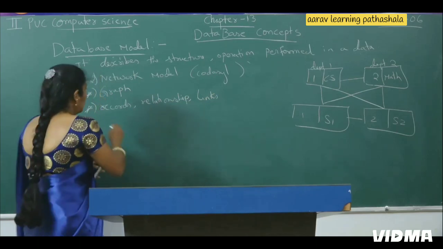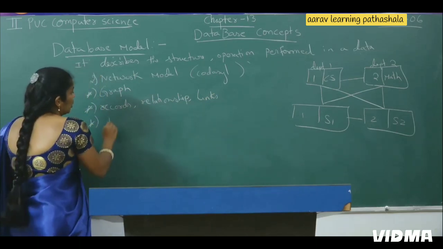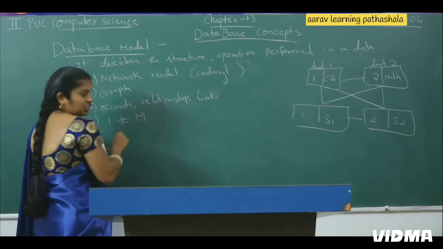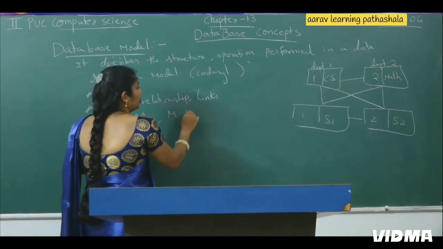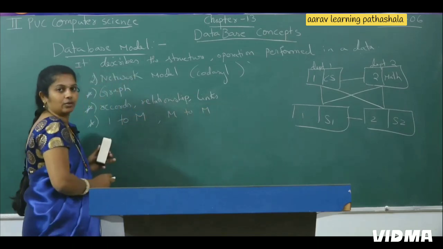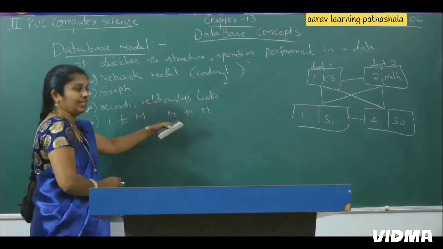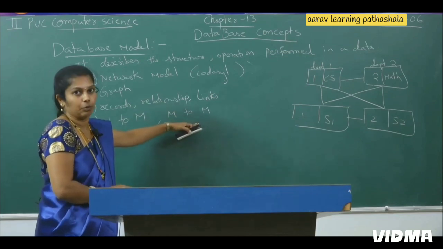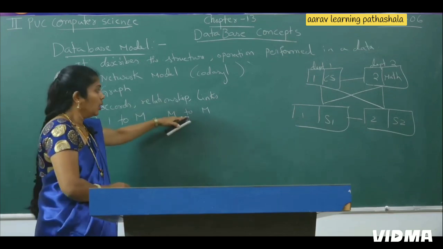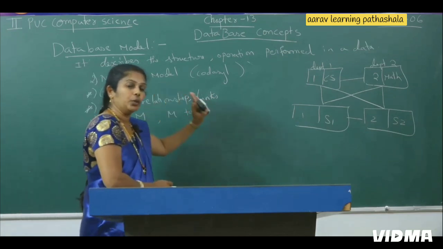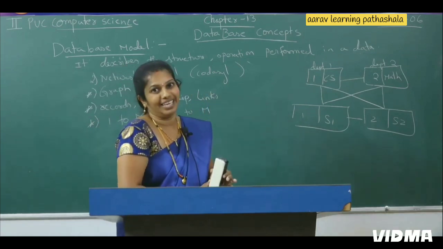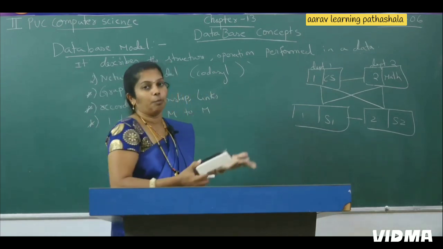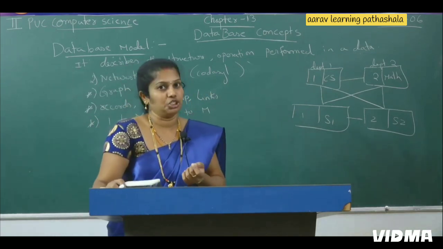With that, it follows a one-to-many relation as well as a many-to-many relation. Now is it clear? Whereas in the previous model, we had one-to-one as well as one-to-many, here many-to-many relationships are also possible.